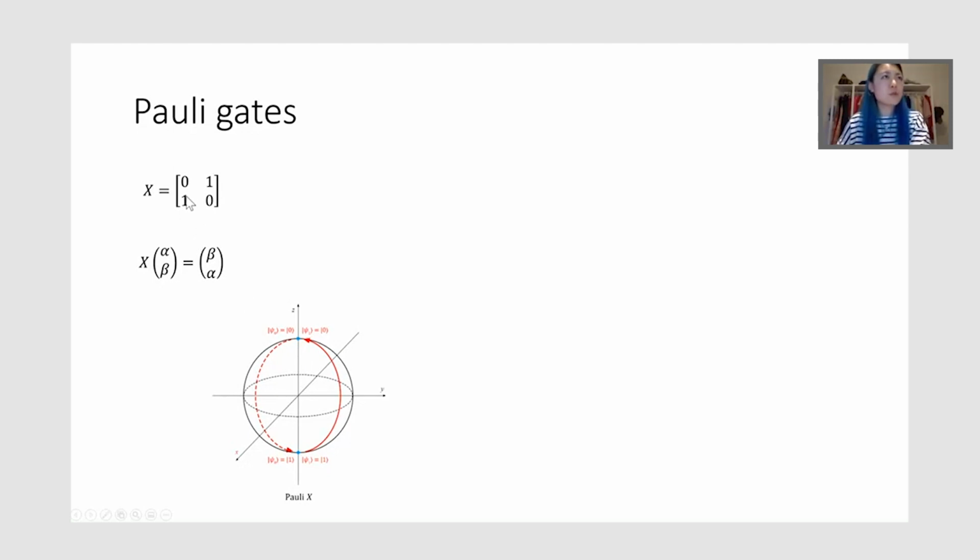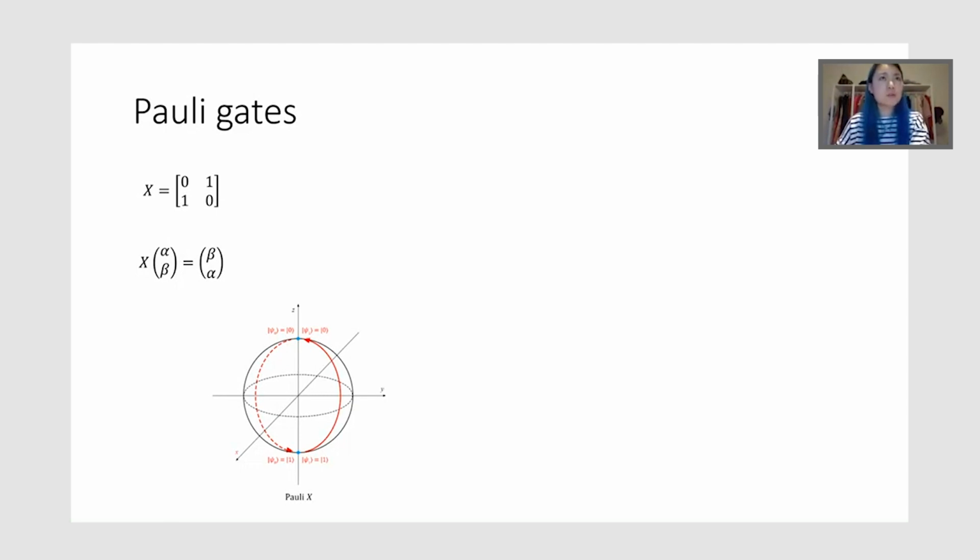You can just look at the form of this 2 by 2 matrix. The X gate does nothing but flip the positions of these amplitudes. So if you start with 0, an X gate will make it a 1. If you start with 1, an X gate will make it a 0. So it basically does a flip.